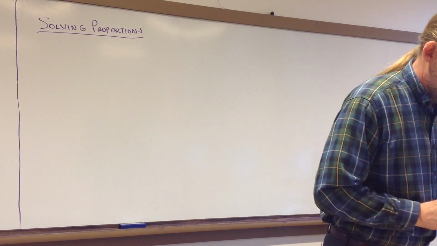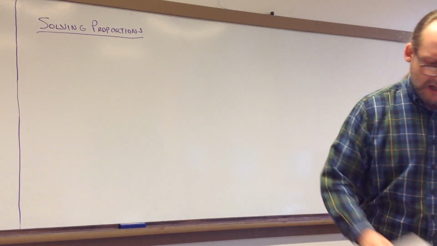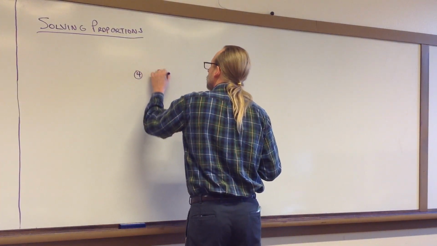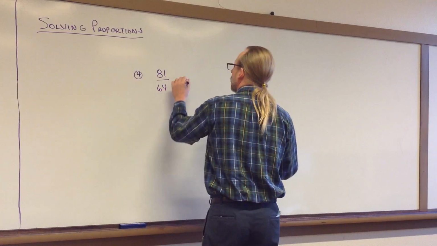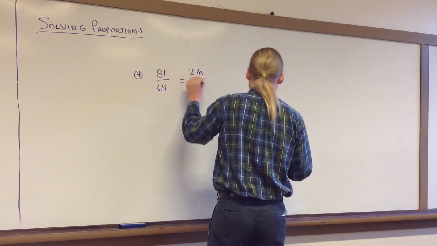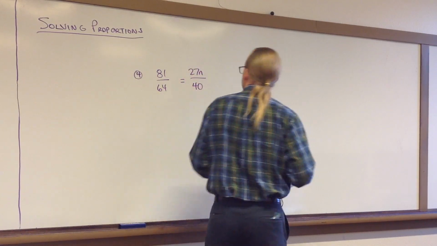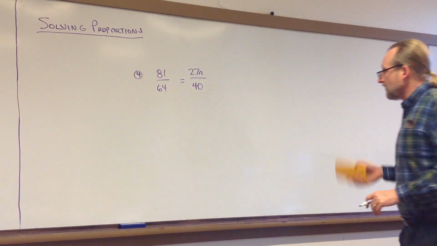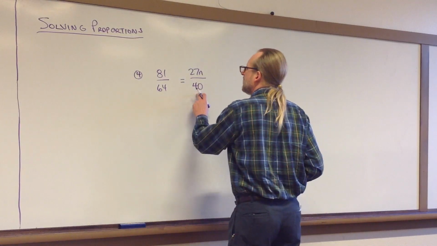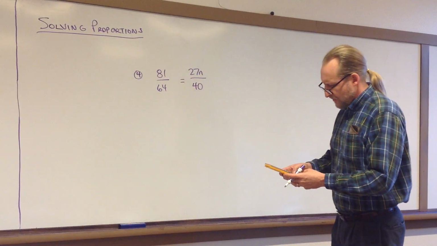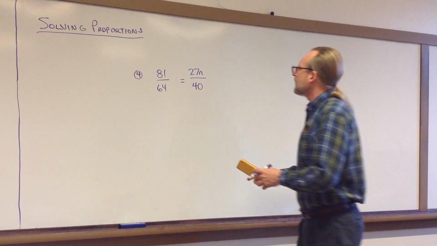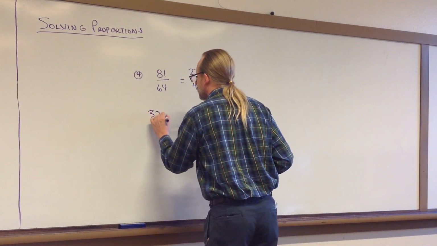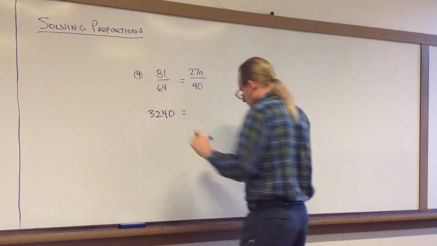Let's start with problem 4. Here we've got 81/64 equals 27n/40. Okay, well, we need to cross multiply, so I'm going to get the calculator out here. This looks like it should be 324, but with a 0 on there, so 3,240.